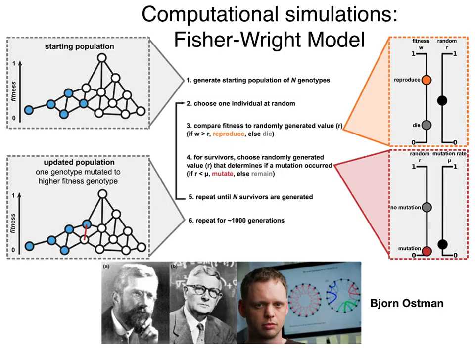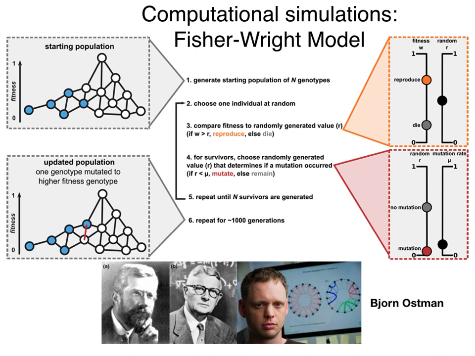So to understand this evolution better, we developed computational simulations of populations evolving on these genotype networks. And so I'm not going to get into it too deeply, but you can go back and look at the slide later and see the details in our publication. But essentially, this model allowed for numerous individuals to be competing for survival on these landscapes.